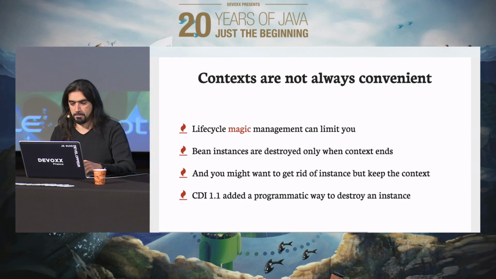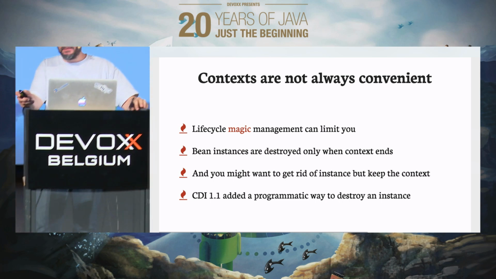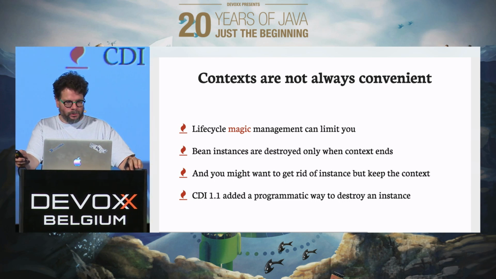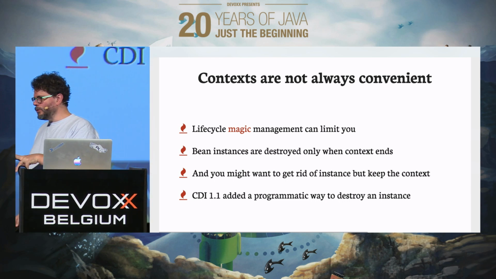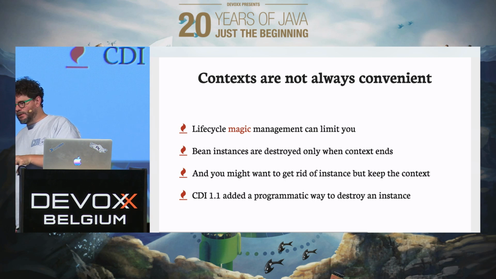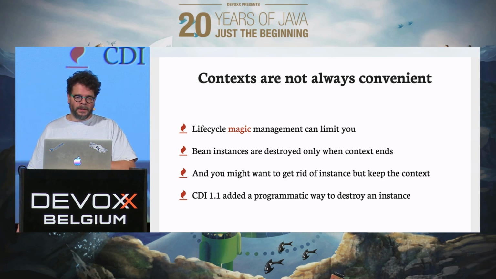Yeah, that's a good question, because you have a lot of magic coming with the context feature in CDI. But this lifecycle magic can sometimes have some drawbacks. You see, when you want to log out, you'll probably use a bean in a session scope, and you don't have control over the session scope.